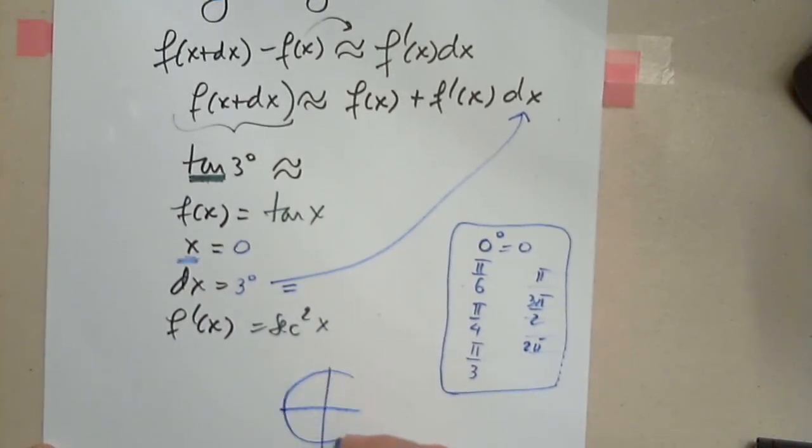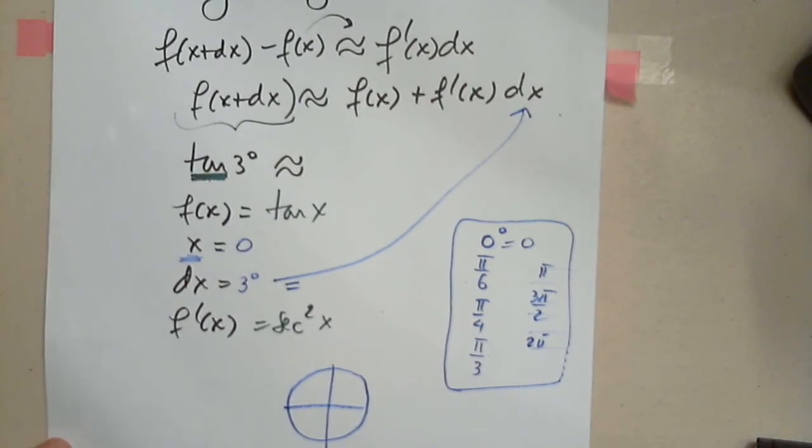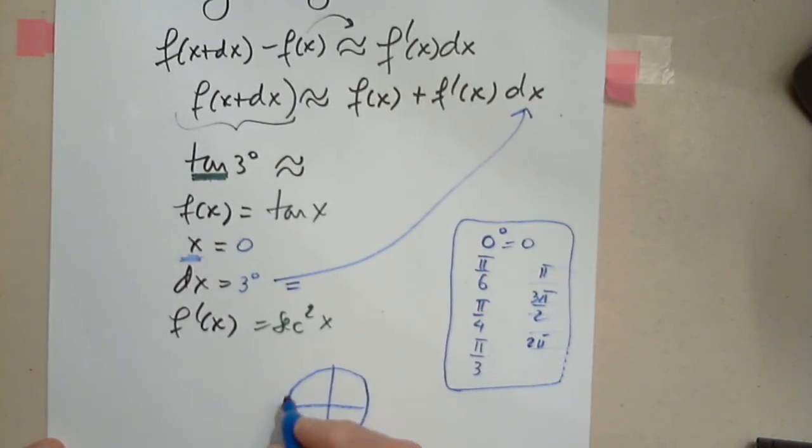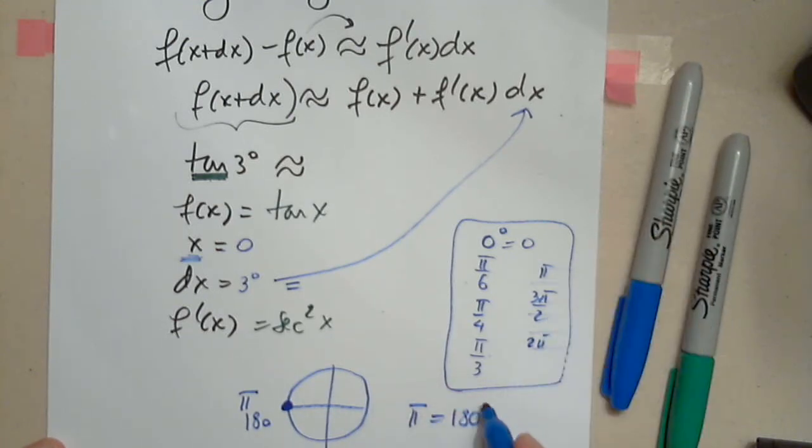Very easy to remember how to change degrees into radians. This point is pi as well as 180, so they have to be the same. So then pi equals 180 degrees, which means if I want 1 degree, I divide by 180. If I want 1 radian, I divide by pi.